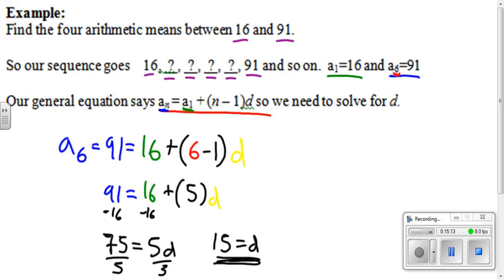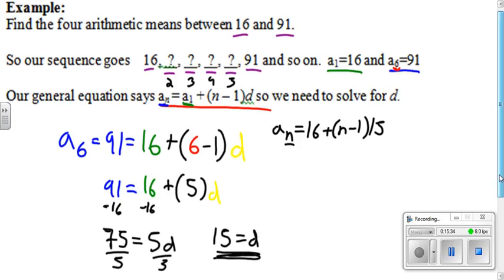So we could either plug that back into our formula and say a sub n equals 16 plus n minus 1 times 15, and plug in 2, 3, 4, and 5 for our n values, or we can just start with 16 and count by 15 each time.